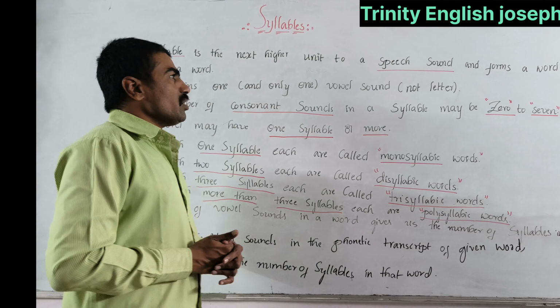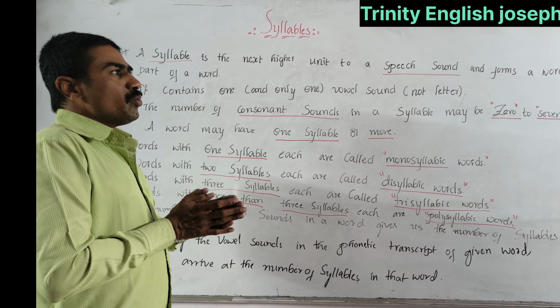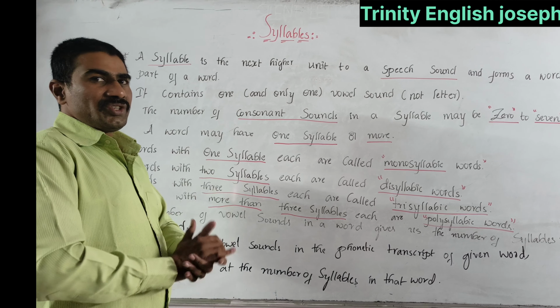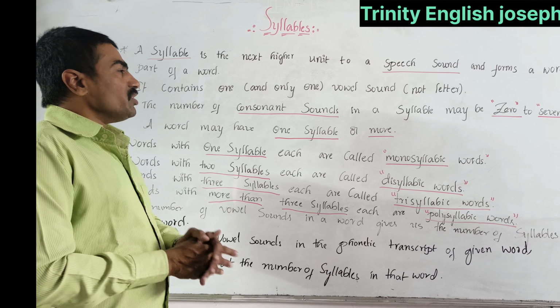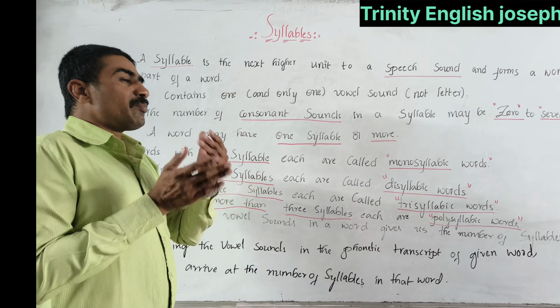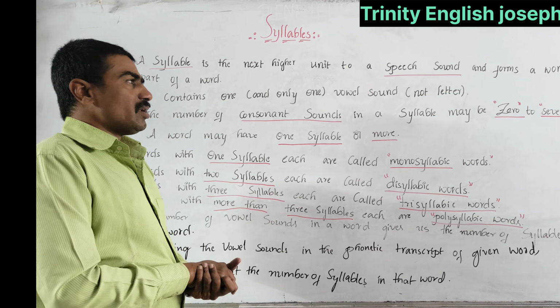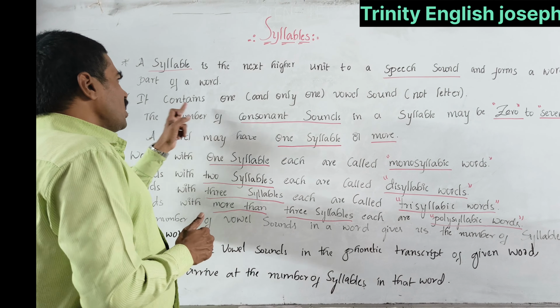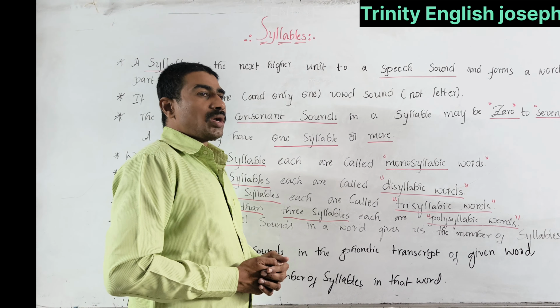In this way, we divide a word into equal parts in order to make the pronunciation easier, or in order to pronounce the word in an easier way. This is what is called a syllable or syllables, and it might be one syllable or more than one syllable. Here it contains one and only one vowel sound and not letter.